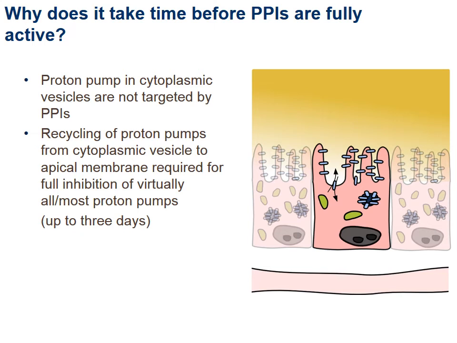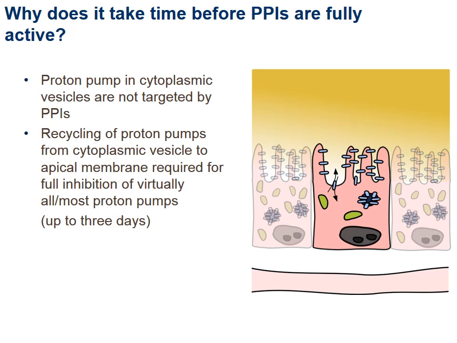Now, as we just discussed in this podcast, the proton pump inhibitors can only react with the proton pumps when they've encountered this acidic environment that activates them. And so proton pump inhibitors can only react, therefore, with the proton pumps that are present at the apical membrane, and they cannot inhibit the proton pumps localized in these cytoplasmic vesicles.